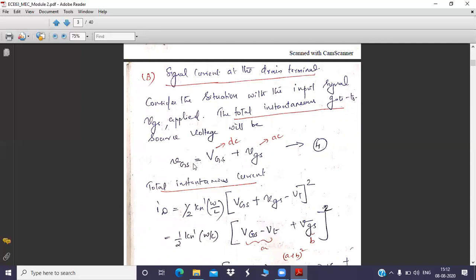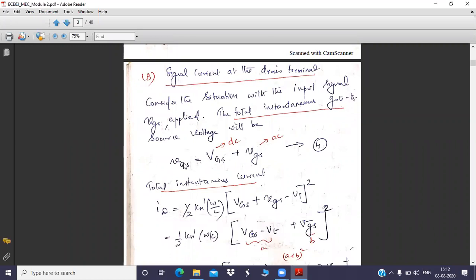How will the total voltage be represented? It is a combination of small letter v with the capital subscript, that is vGS. Okay, small letter v with the capital GS will ensure the combination of DC plus AC.